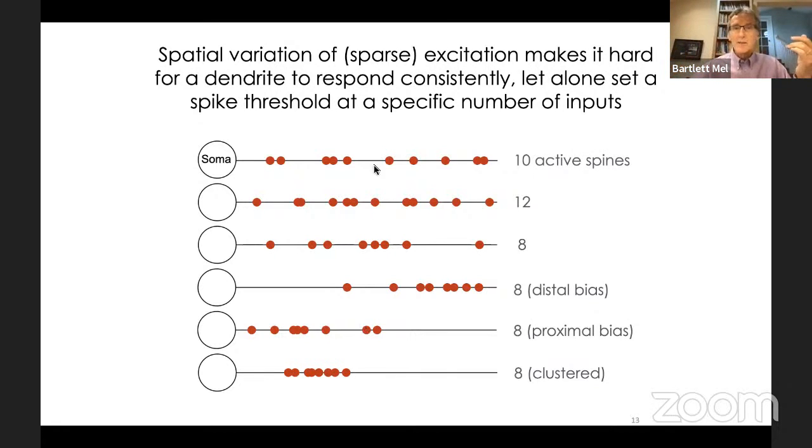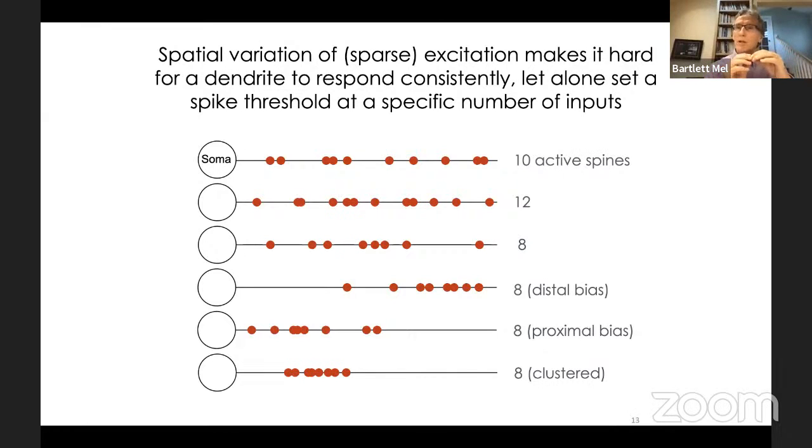And this would be true whether we're talking about whether one of these patterns does or doesn't trigger a spike, or whether it's subthreshold. There's still going to be a lot of continuous variation. And this is working against this idea of signaling in a kind of binary fashion.